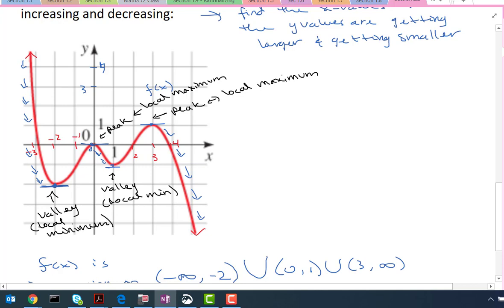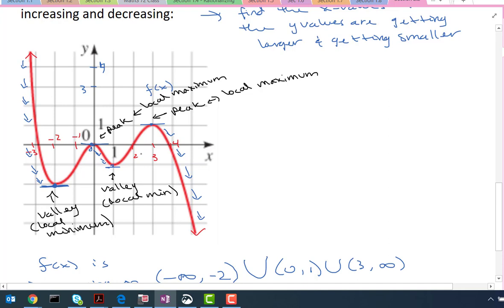So the peaks are local maximums and the valleys, the little bowls, are local minimums. And so you can tell a local minimum because you go from decreasing to increasing. And you can tell a local max because you go from increasing to decreasing. So if you think about throwing a ball vertically up in the air again, as it goes up, it's increasing. The altitude of the ball is increasing, right? It's getting larger, goes up, up, up, and then in that nanosecond it stops.